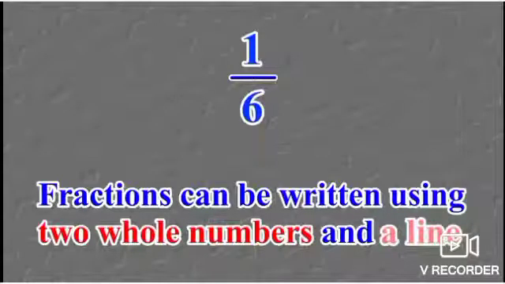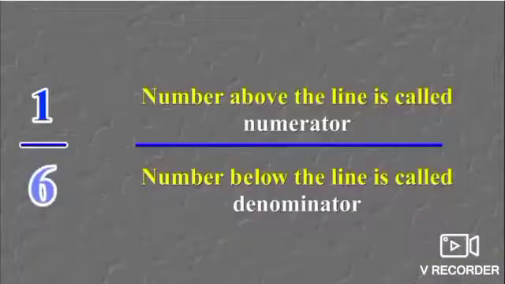So my dear student, a fraction can be written using 2 whole numbers and a line. So 1 upon 6, 1 means number above the line, that is numerator, and 6 number below the line is called as a denominator.